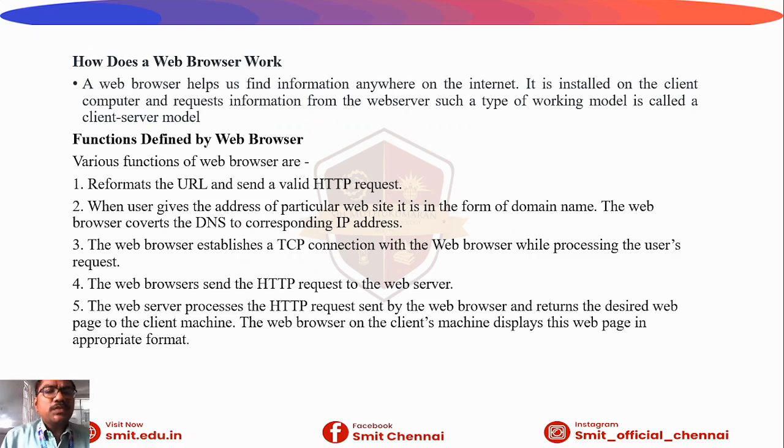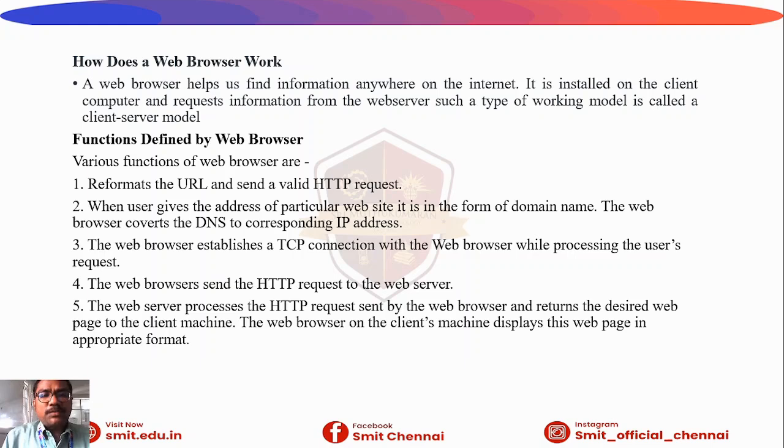How does this web browser work? We will see step by step. Step number one: the web browser will reformat the URL and send it as a valid HTTP request. When the user types the address of the website in the form of a domain name in the browser, the browser converts this website into the corresponding IP address with the help of the DNS.